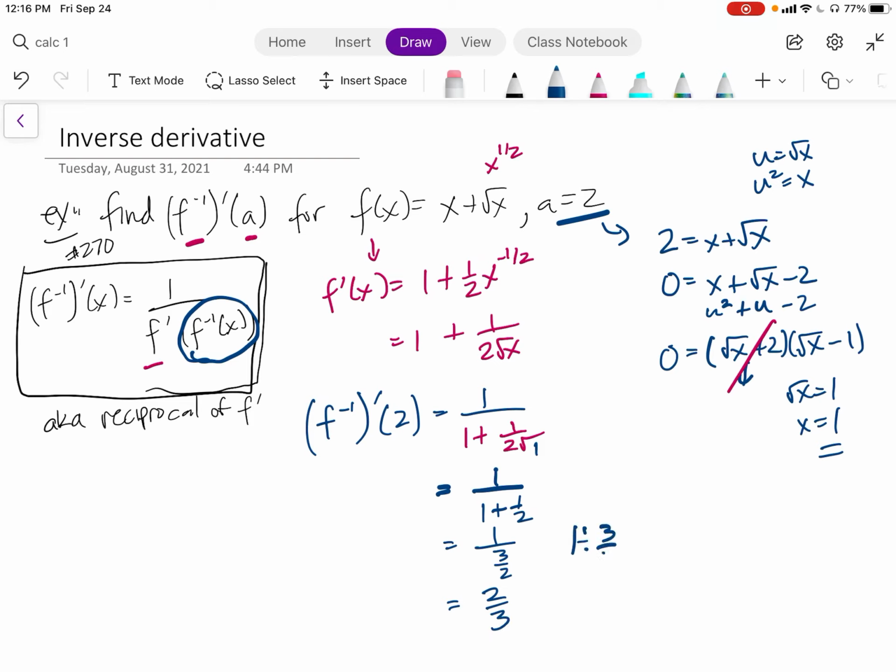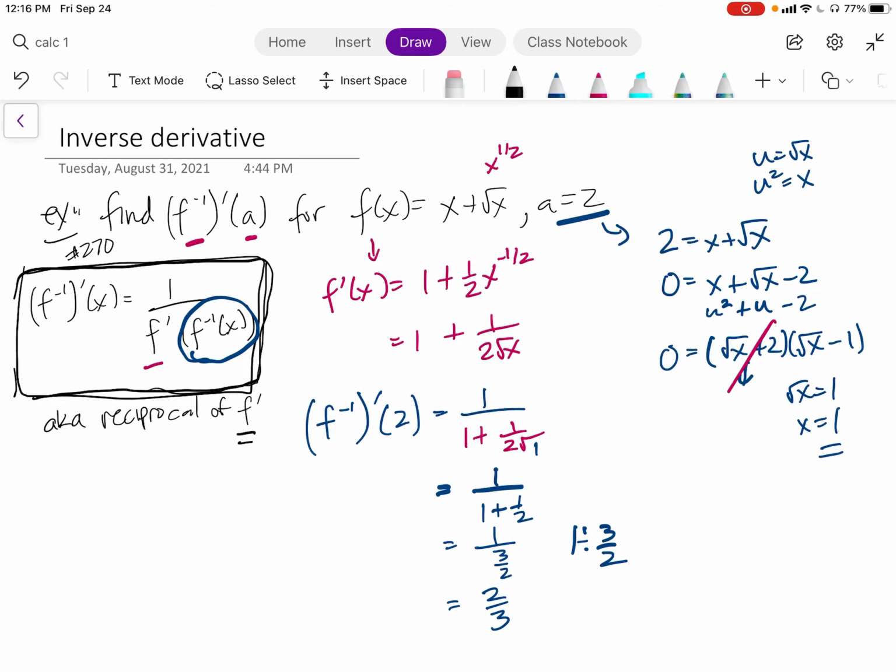I'll write out what I just said right there. Now, to take a step back, I said this is the formula in this rectangle here, but remember that the derivative of the inverse is just the reciprocal of the original derivative.